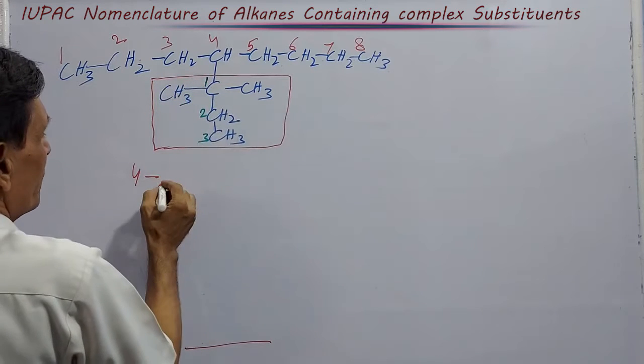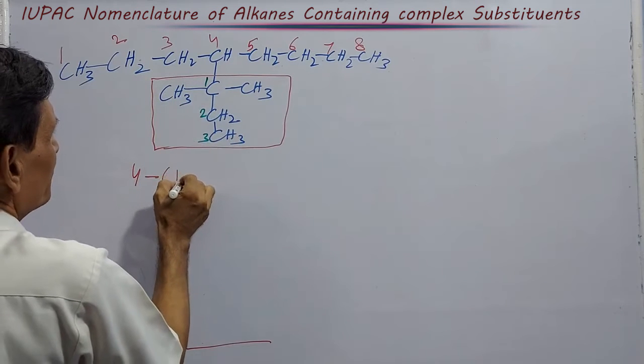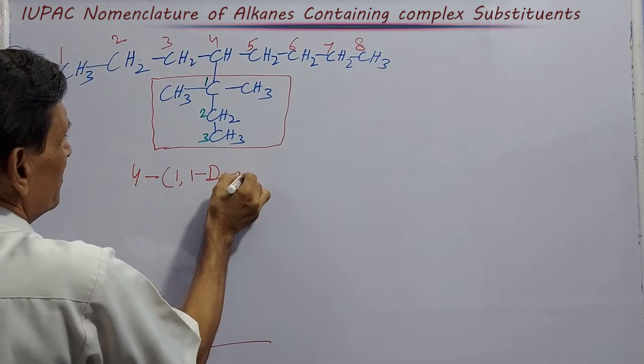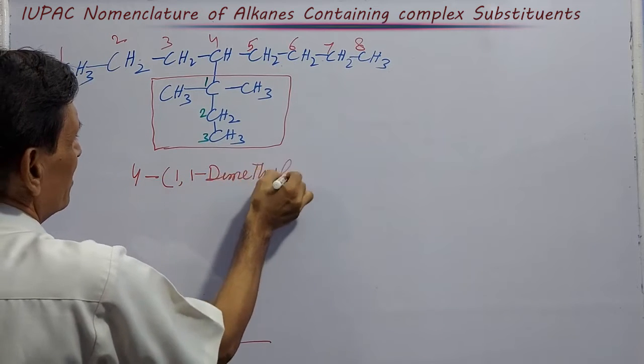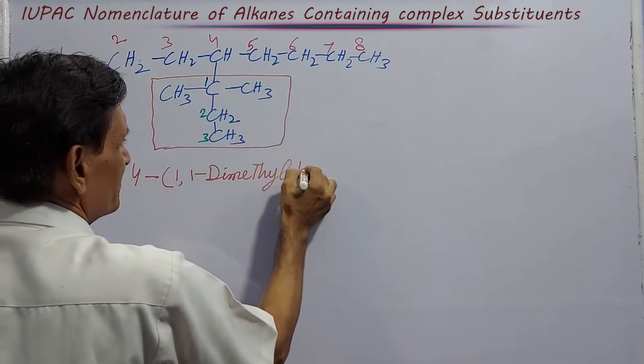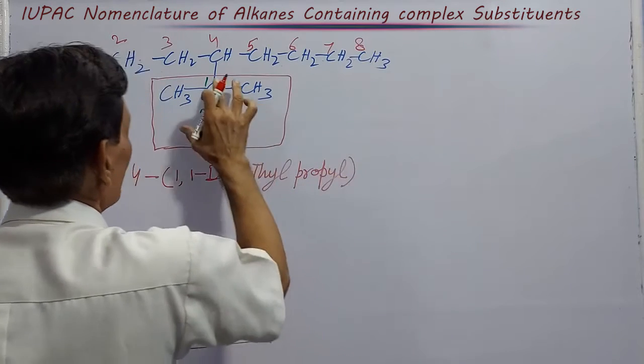Its name we will write in a bracket: 1,1-dimethyl propyl. Now enclose that in a bracket.